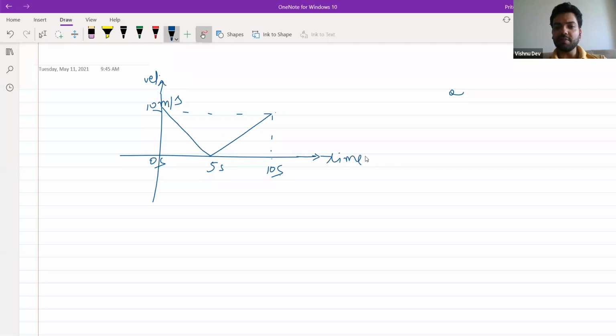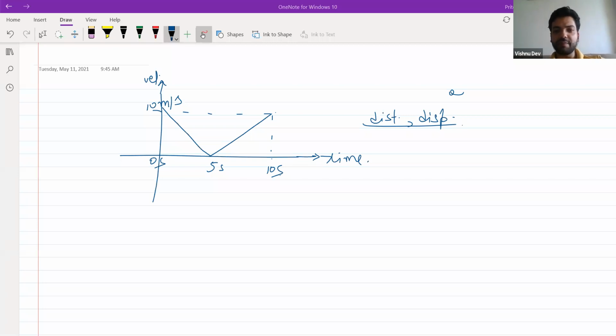So guys, quickly, can you tell me the distance and displacement here? Will the distance and displacement in this be the same?